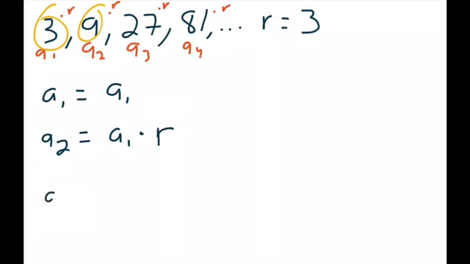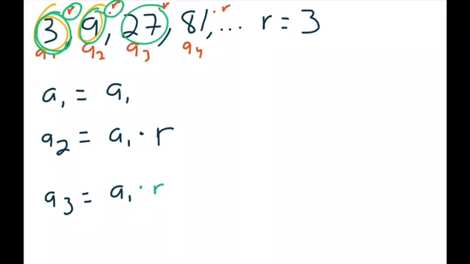So to get to A sub 3 from A sub 1, well, here's A sub 1. I multiply by 1r. Then I'm at A sub 2. I multiply by another r to get to A sub 3. So r times r is r squared.